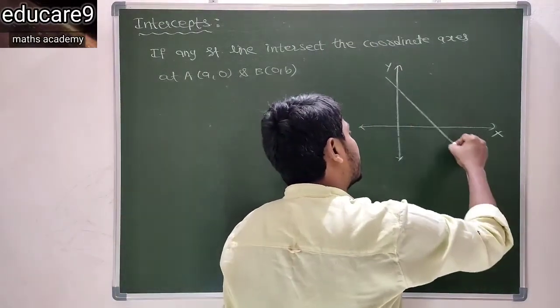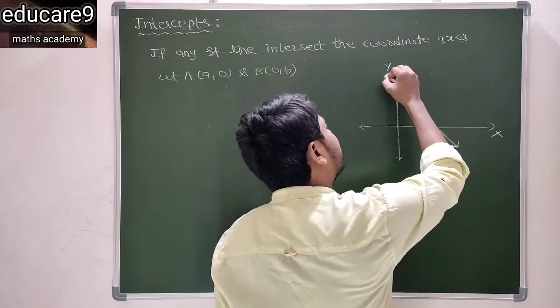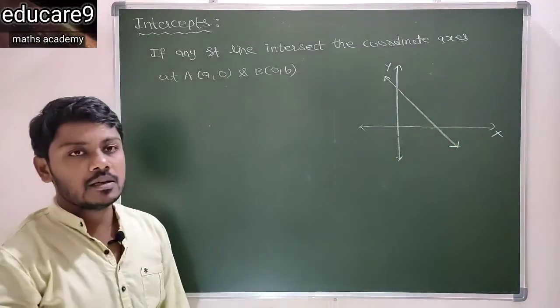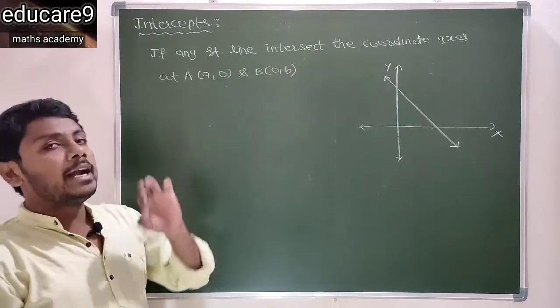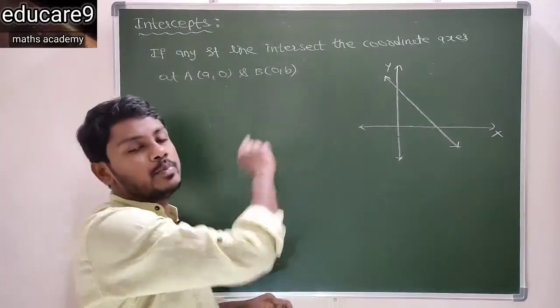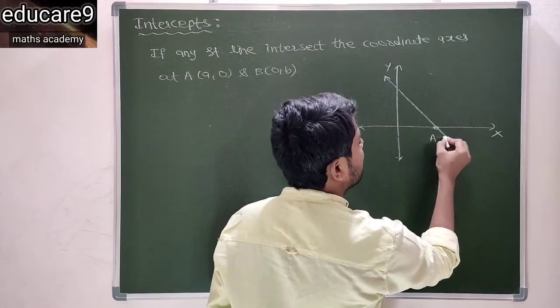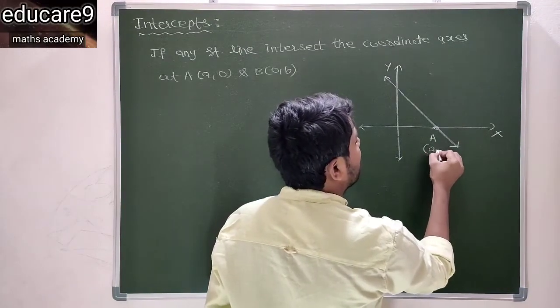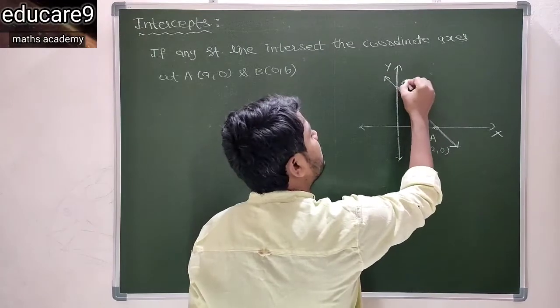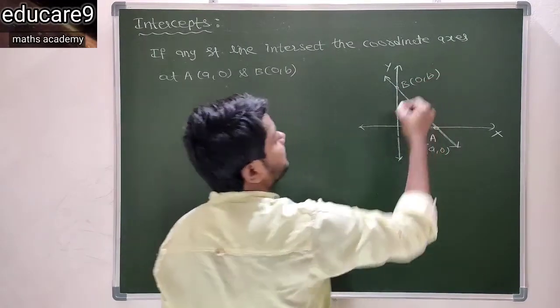Suppose this is the straight line, and it intersects the coordinate axis at a and b, so a on the x axis, b on the y axis. So this point is (a, 0) and this point is (0, b).